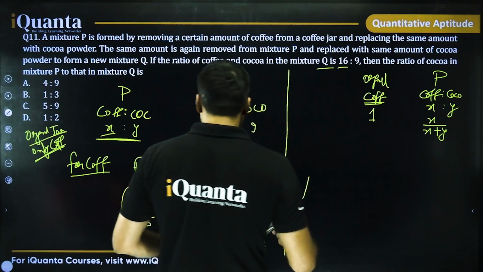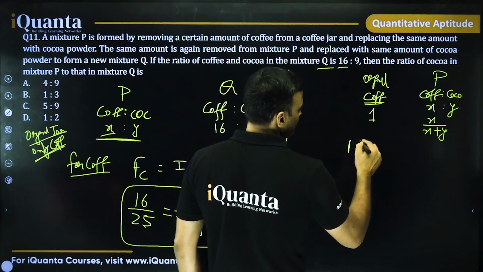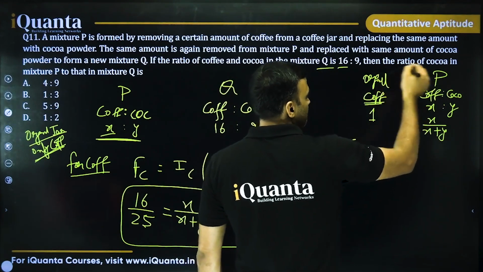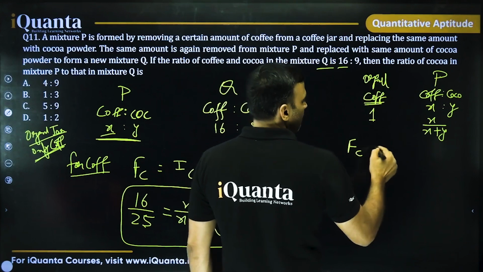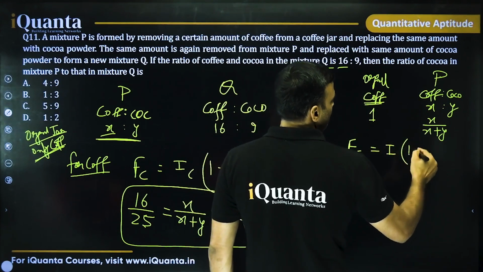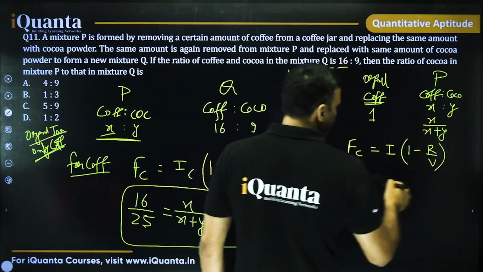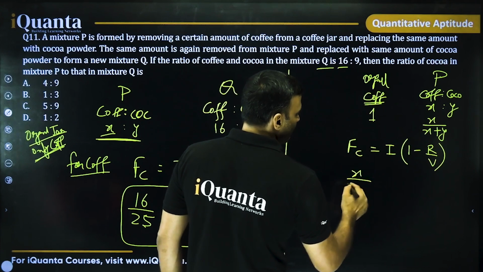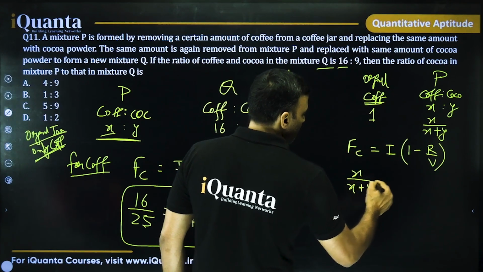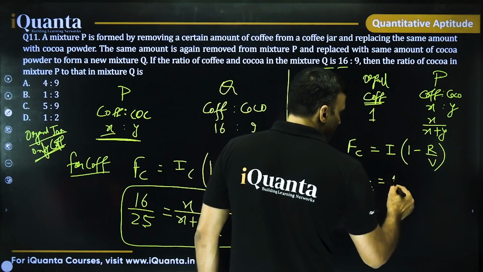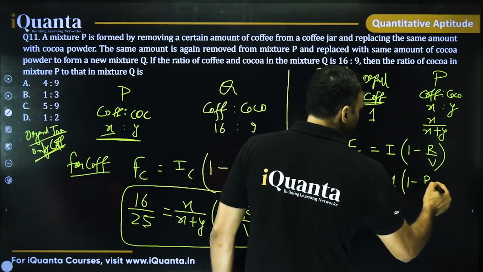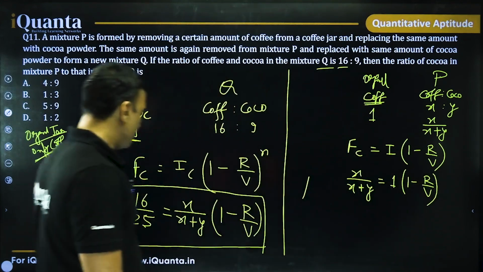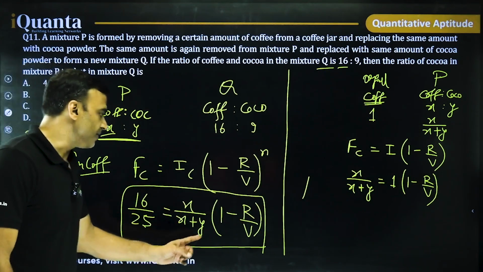So if I apply the same process here, final concentration, that is P, this is original, this is final for the first transaction. This is equal to initial concentration into 1 minus R by V. So what we get here is final concentration is X upon X plus Y, and that is equal to initial concentration 1 into 1 minus R by V. So okay, X upon X plus Y is 1 minus R by V.